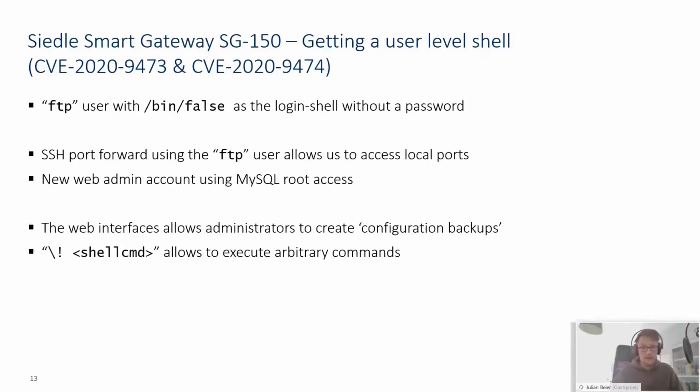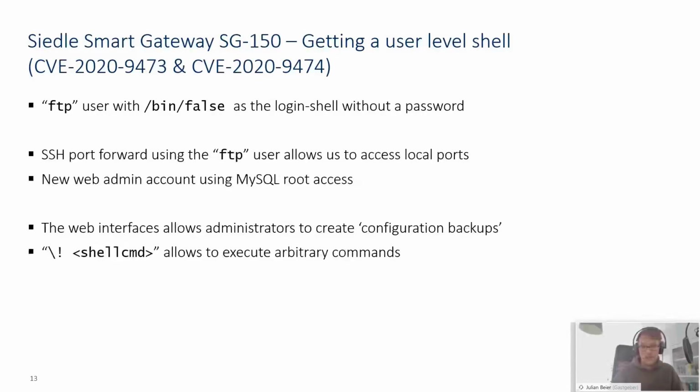That doesn't really help us because we want shell access to the device. The thing that we could do with the user though is port forwarding. This is interesting because we can now forward the local MySQL server that is bound to the loopback interface to an outside device, in this case our computer. And now we basically gained access to the MySQL database via the port forwarding, which we previously could not access.